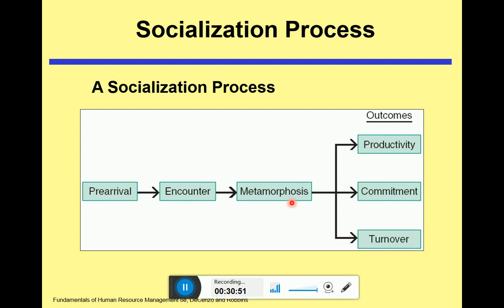Otherwise, the individual is not accepted by the organization, or the organization is not accepted by the individual. The individual is not agreed with the organization, or the organization is not agreed with the individual. Here discrepancies and differences still exist, and socialization has not finished. What will happen is the person will be unsatisfied and there will be turnover from the organization.